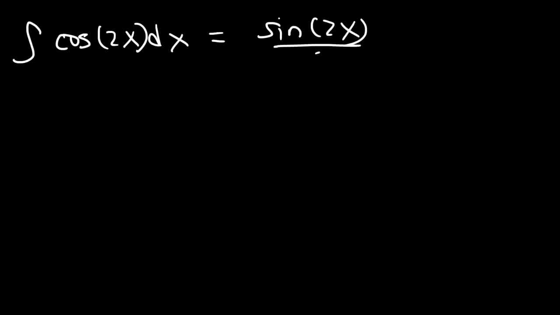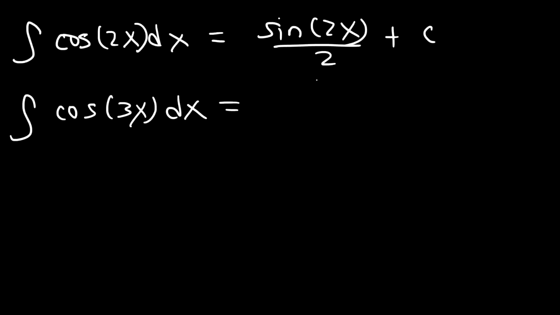So we saw that the integral of cosine 2x dx was equal to sine 2x divided by 2 plus c. Now what do you think the integral of cosine 3x dx is going to be? It's going to be sine 3x divided by the derivative of 3x, which is 3.